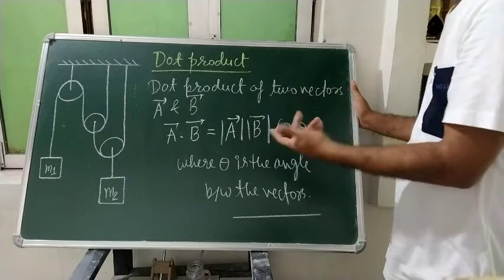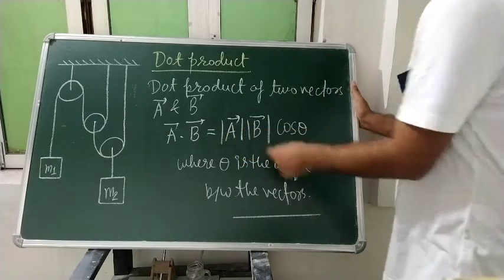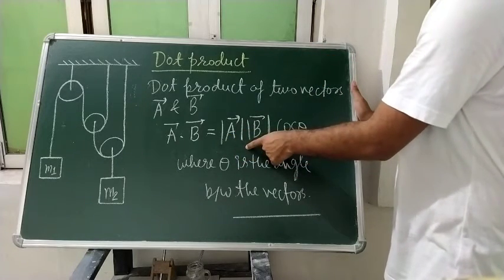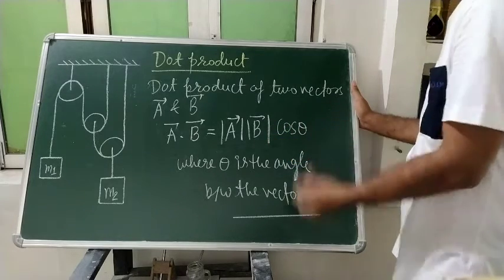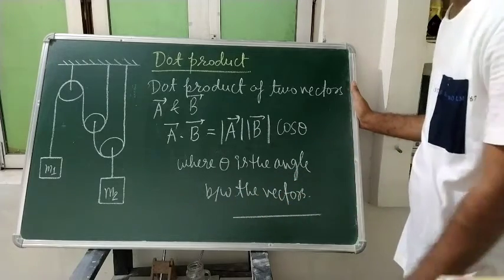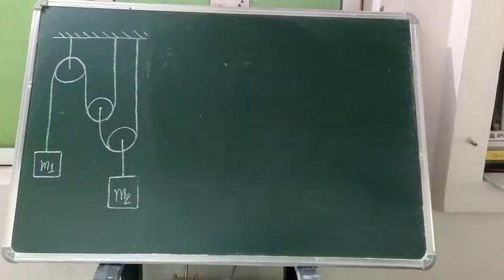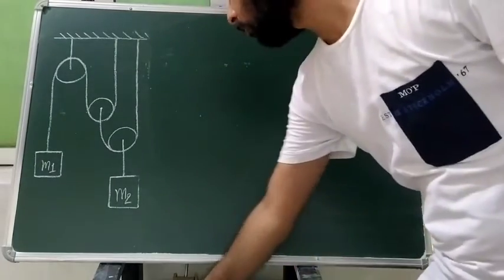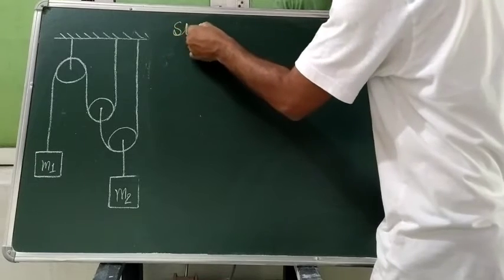That we had seen in the Atwood machine, but here it is the dot product: the magnitude of vector A times the magnitude of vector B times cos theta, where theta represents the angle between the vectors. So students, we have come to know what the dot product is. Next we shall move to the short trick.